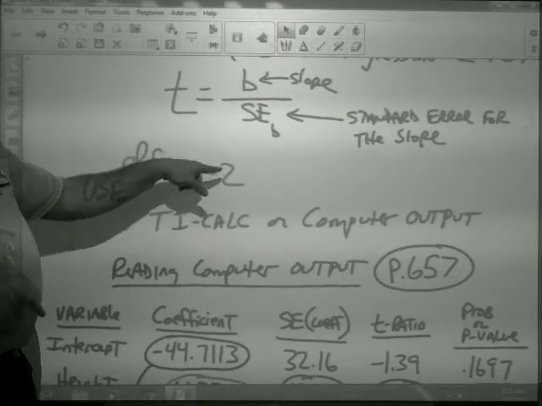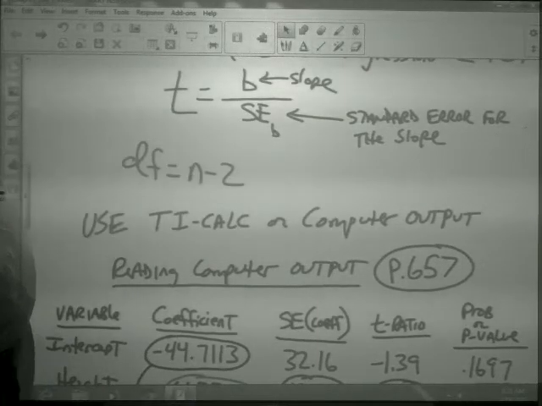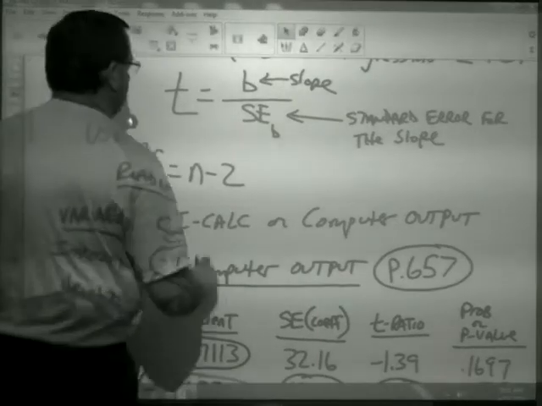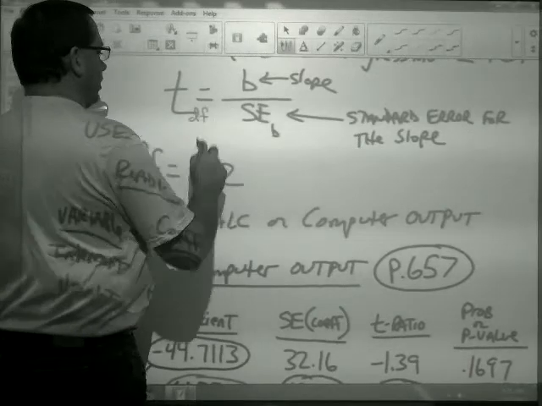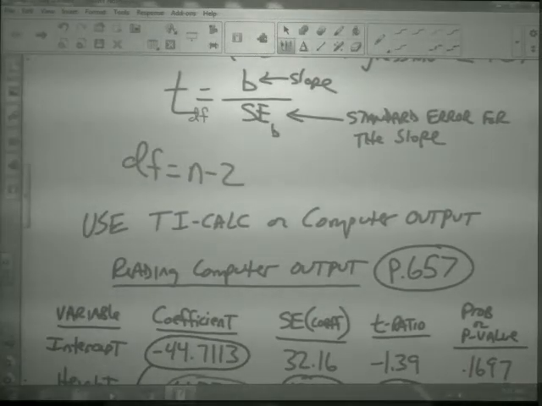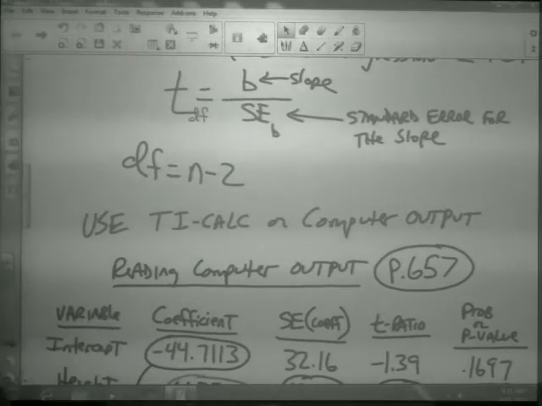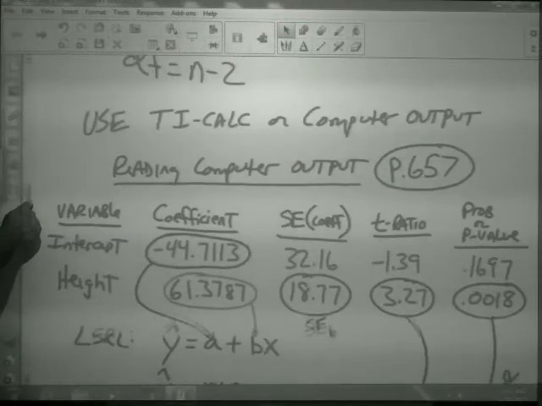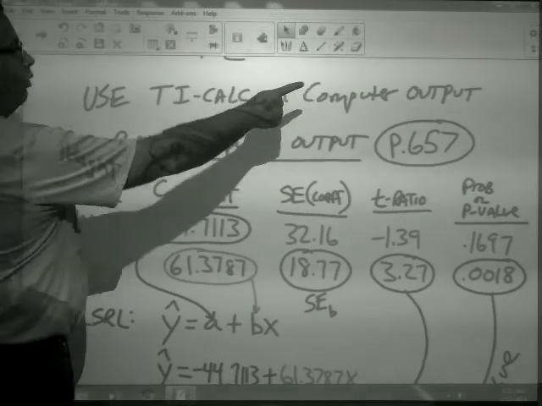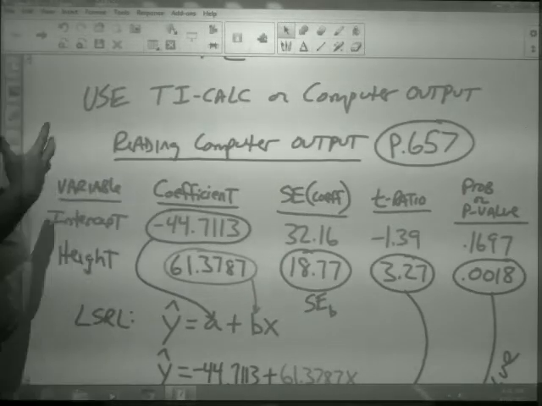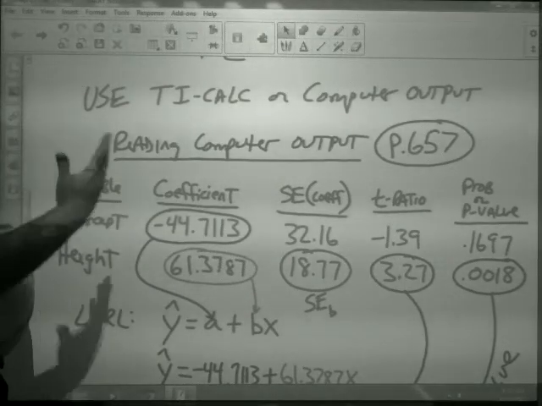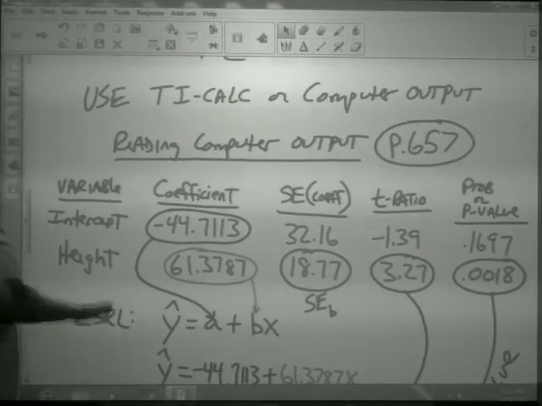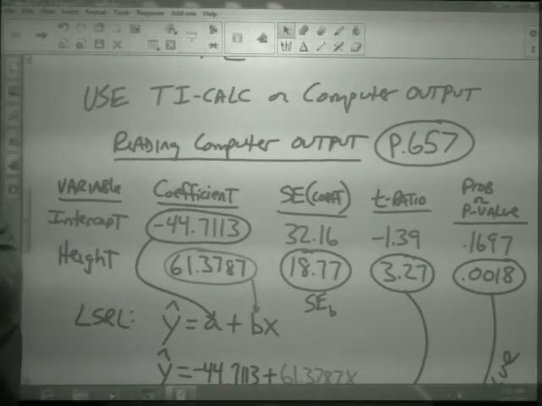So n minus 2 is your degree of freedom on this one. So this t will have a degree of freedom number as a subscript, all right? Here's the good news. Basically, you will not do this one by hand. You're either going to use your calculator, or sometimes they give you a computer output and you just have to be able to read it. And so one task we're going to look at is how to read a computer output.